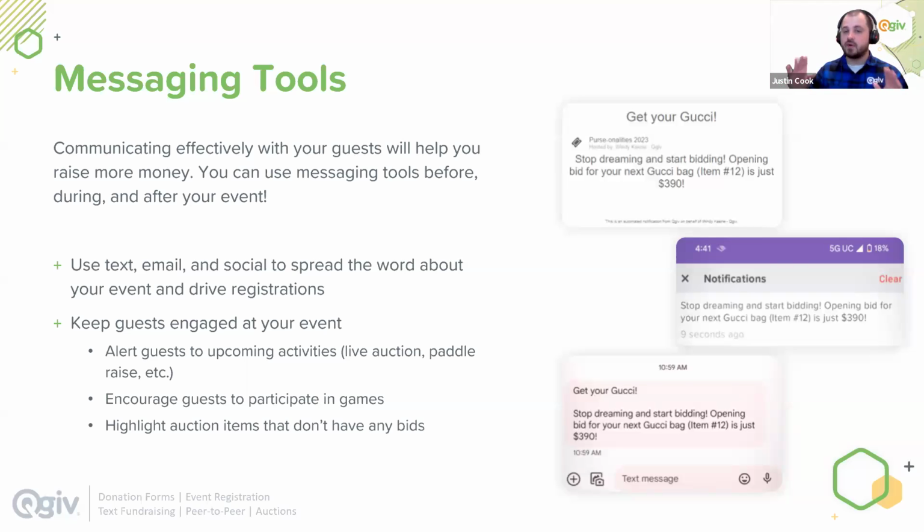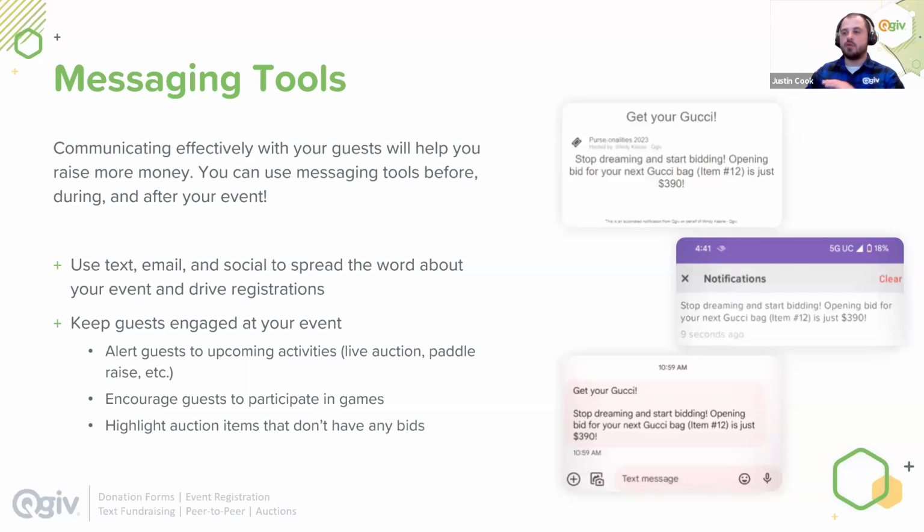And one of my favorite ways, because this is one way that often gets overlooked, is highlighting auction items that don't have any bids. I don't know how many organizations we've seen that get to the end of the night and they have an auction item that has no bids on it. And they just decide that they're going to take it home, right? They're going to take it back to the organization. We'll try again next year.